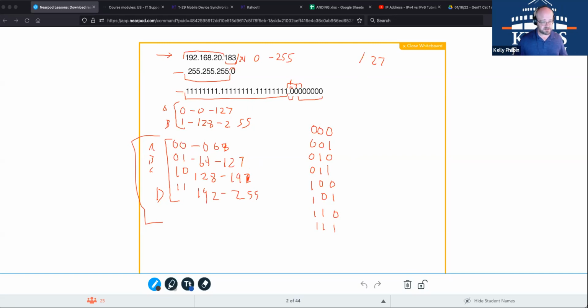Our network ranges on this: 0 to 31, 32 to 63, 64 to 95, 96 to 127.